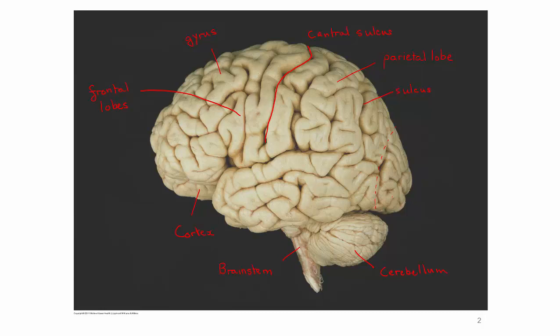Yeah, that looks better. So that's the occipital. The occipital lobe is so named because it underlies the occipital bone itself, and the occipital lobe is where the visual cortex is present over there.